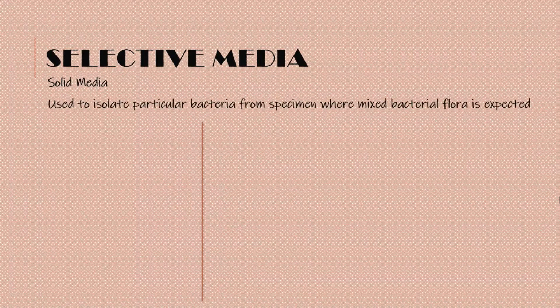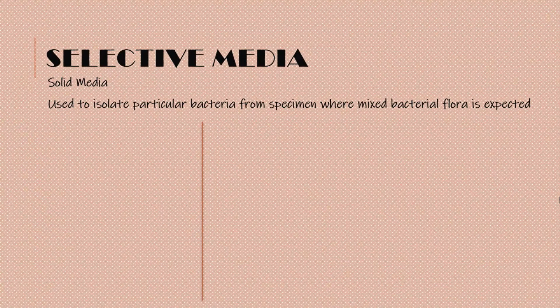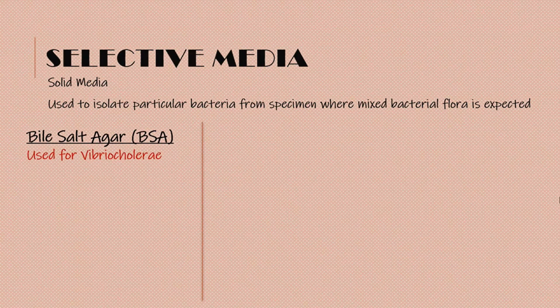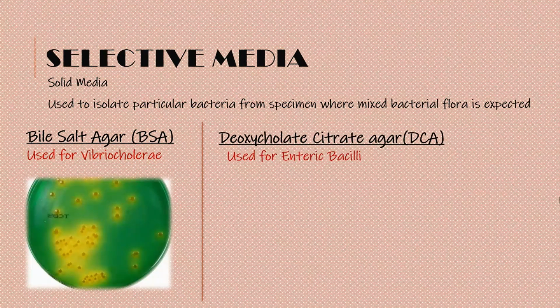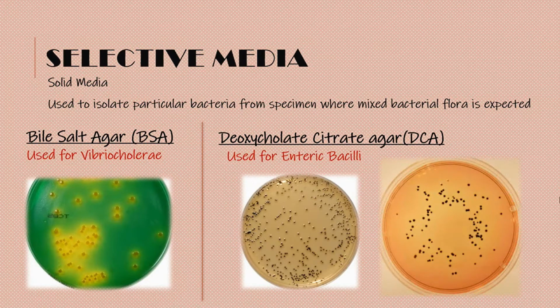The selective media. It is a solid media and it is used to isolate particular bacteria from specimen where mixed bacterial flora is expected. The examples include the bile salt agar, which is used to isolate Vibrio cholerae, the deoxycholate citrate agar, which is used to isolate the enteric bacilli.